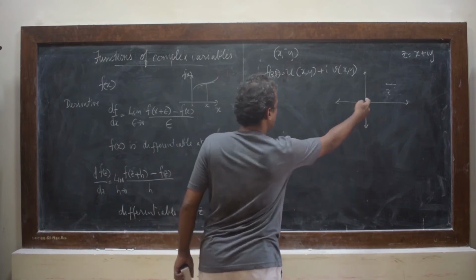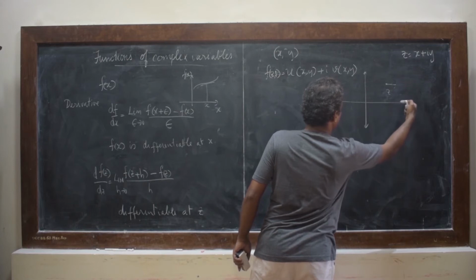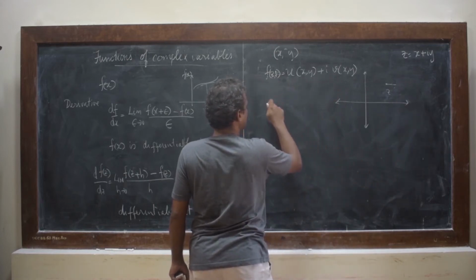If I move only along a direction which is parallel to the real axis, then it is clear that only my real variable would change.